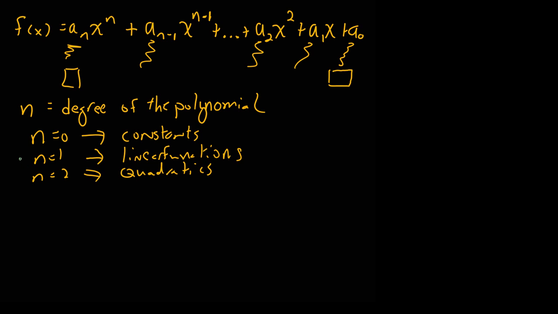Our job, because we have good definitions of these things, is to take any high order n, so when I say high, n greater than or equal to 3, and break it down into linear and quadratic factors.